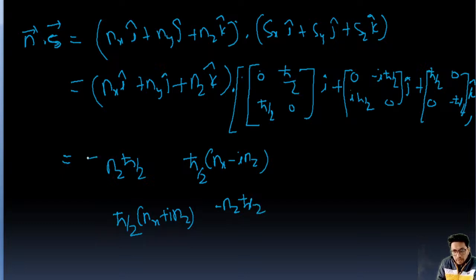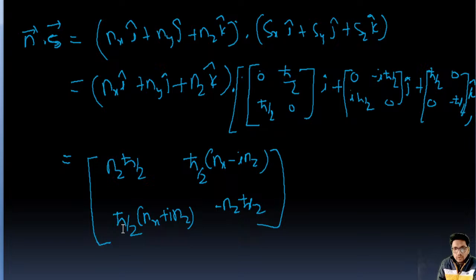We'll get this matrix after solving this. Very easy, just we need to do dot product and then add these matrices. So this is the matrix.